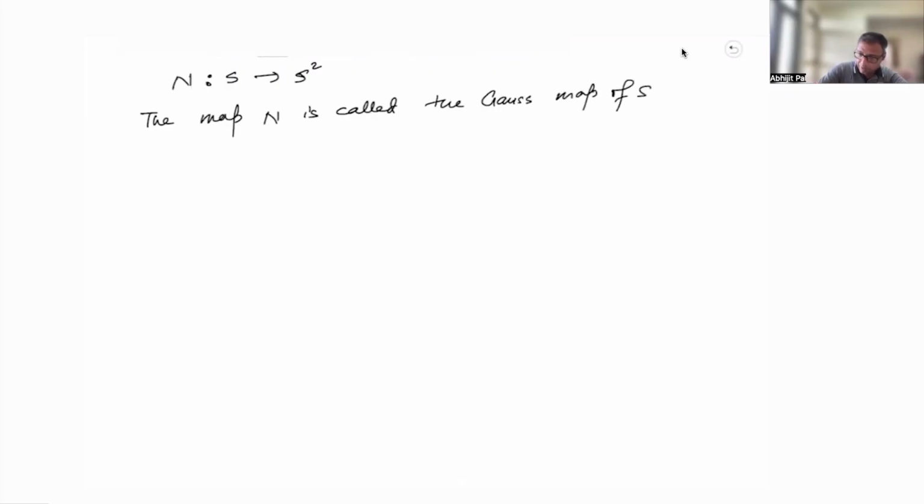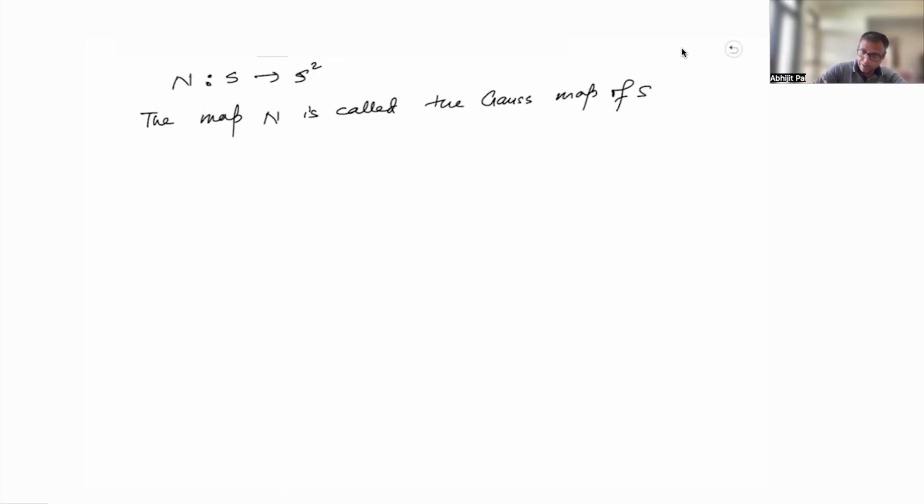Okay, so we'll get a map N from S to S2. The map N is called the Gauss map of S.